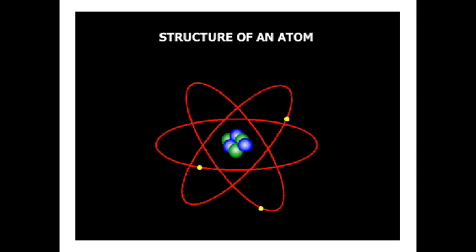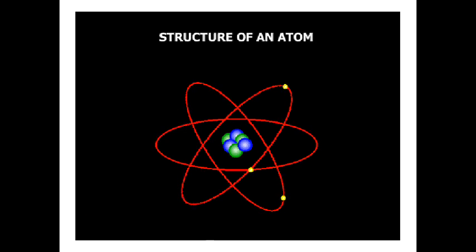Yes, the green color and blue color balls are proton and neutron, inside the nucleus, which is at the center of the atom. And the yellow color balls revolving here and there are called electrons, and the path they are moving on is called orbits.